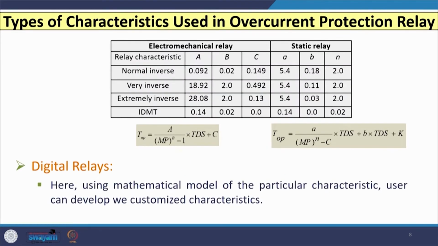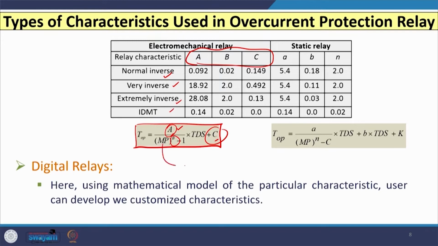Now, for all these characteristics, if I want to use electromechanical or static relays, then I have to use this equation to calculate the time of operation of the relay, which is given by constant A divided by multiple of pickup current raised to B, another constant, minus 1, into TDS, plus C. Here capital A, capital B and capital C are the 3 constants, and depending upon what value of constant you select, you will have the normal inverse, very inverse, extremely inverse and IDMT characteristics.